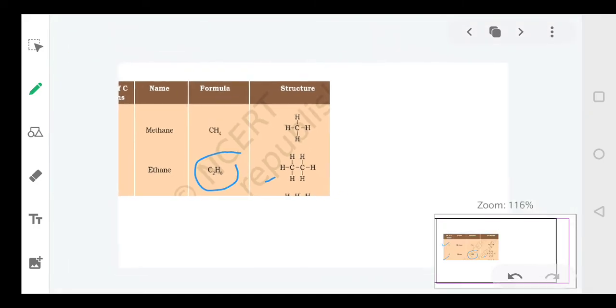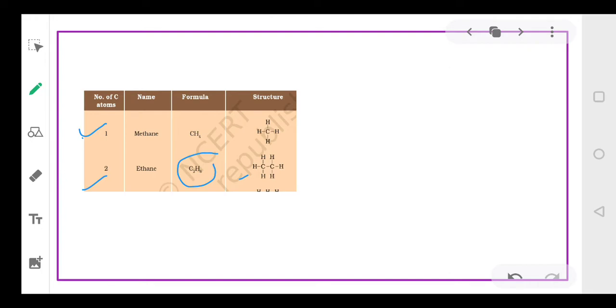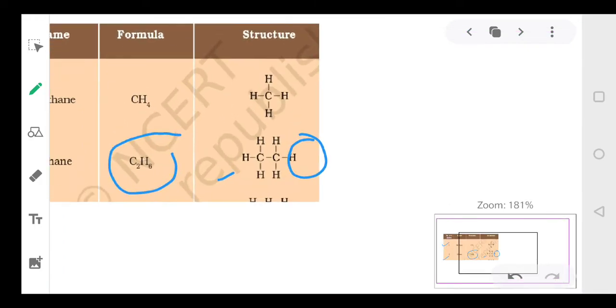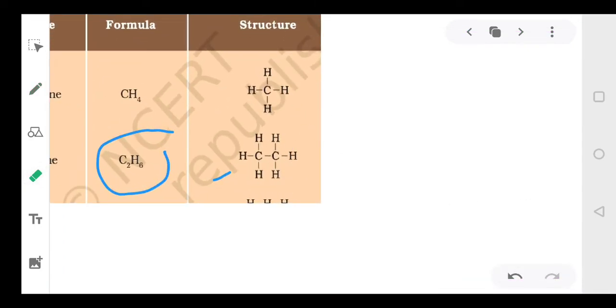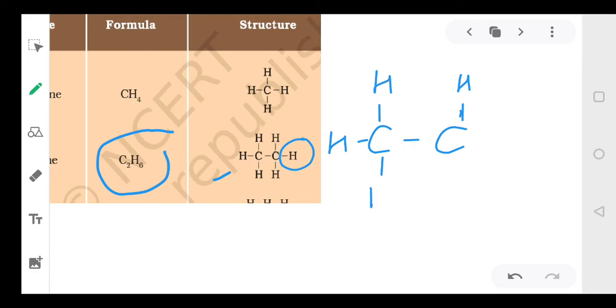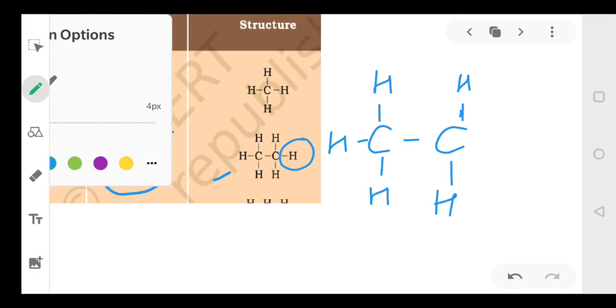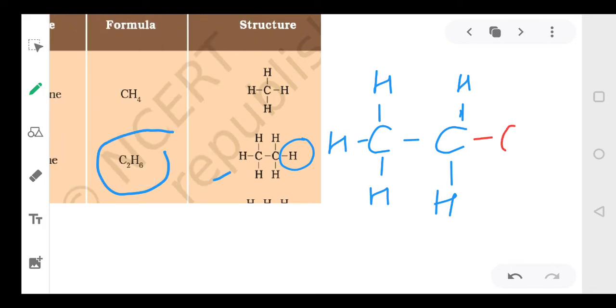Let's suppose we replace this hydrogen atom with a chlorine atom. The rest of all the hydrogen atoms will remain the same, and we will have this chloro.